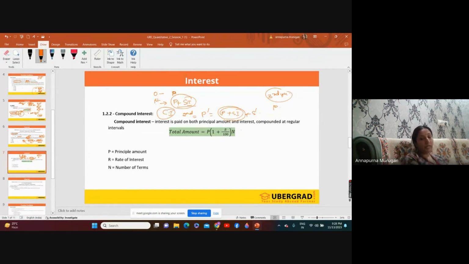Hence that is called compound interest, or we can also refer to it as Chakravriddhi. Basically, the total amount that one gets will be the principal amount times 1 plus the rate of interest, to the power of the number of years, the number of terms.